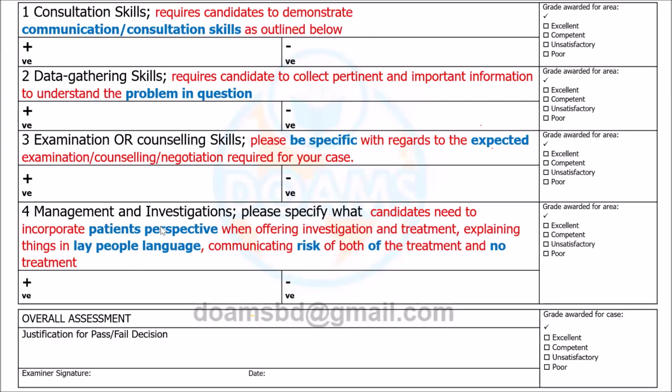Similarly, in management and investigation, we have to consider the patient's perspective and explain everything in lay people's language. This is an important part of the consultation skill, as written by the Royal College. This is the way of giving management and investigation, explaining the risk of doing, the risk of not doing, and in addition the benefit of doing.